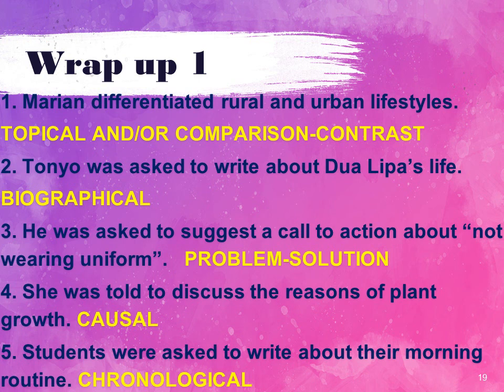And of course, number 3 is problem solution because the problem here is about not wearing uniform and it's calling for an action or it's calling for a solution. And then the 4th one, causal because we are looking into reasons of plant growth. And finally, chronological because when we talk about routines, we start from the beginning until the end of that routine.